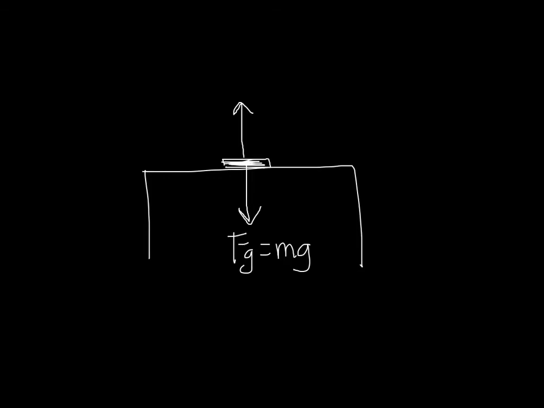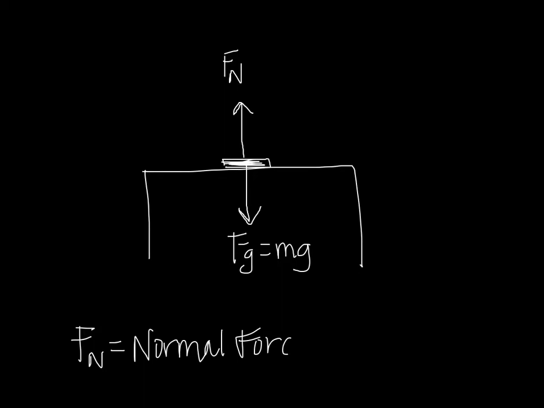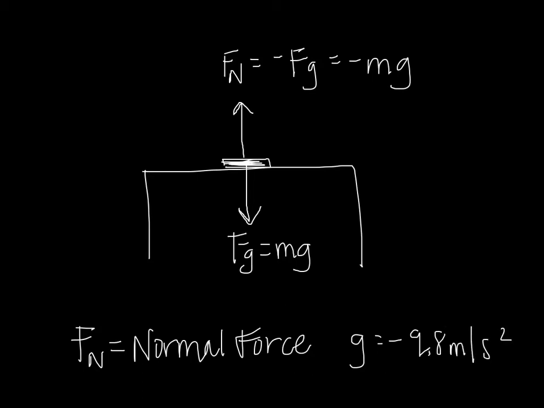And that actually has a name. We call that the normal force. So F sub n is equal to the normal force. And therefore, that is equal to negative of the force of gravity, which is negative mg. Remember that gravity is equal to negative 9.8 meters per second squared.